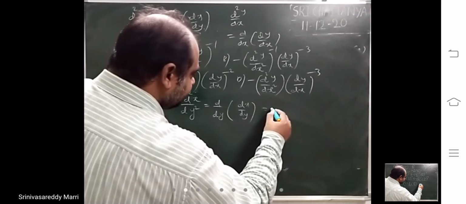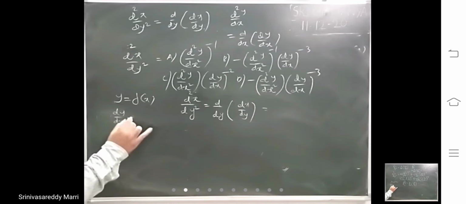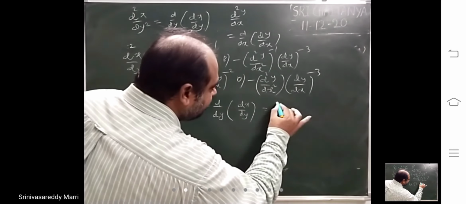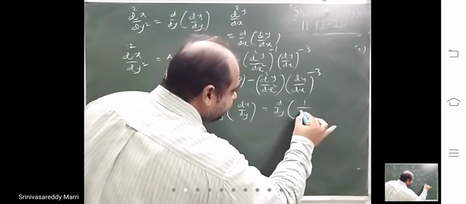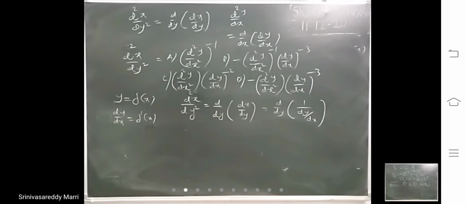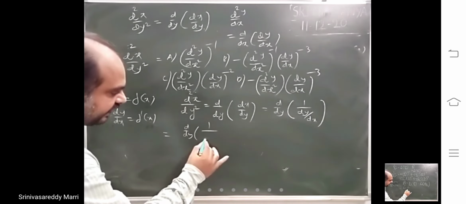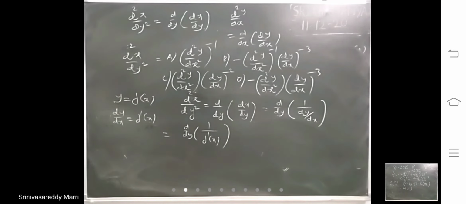If you take it like this, dy by dx is f dash x. Now dx by dy is nothing but 1 by dy by dx, that means 1 by f dash x. Right? This is 1 by f dash x.